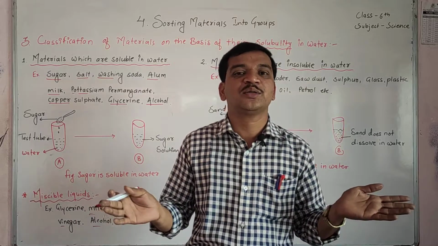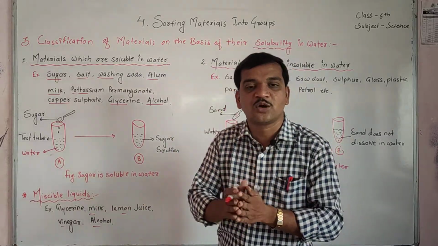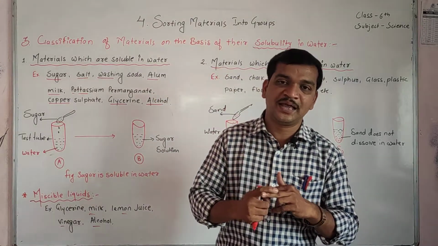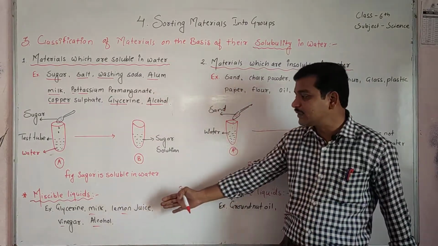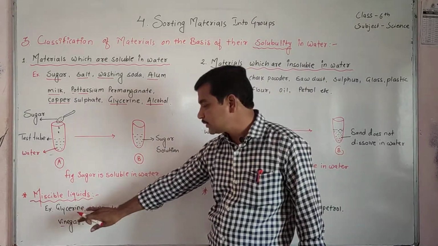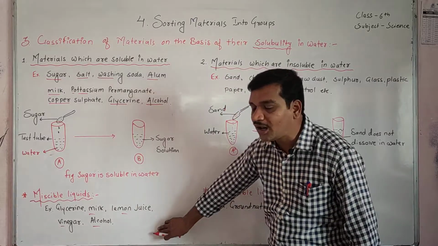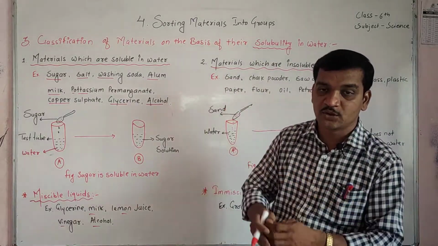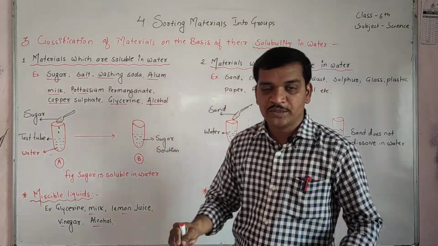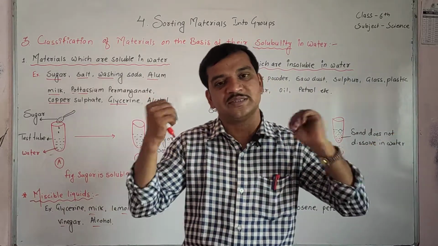Both are liquids. Other examples which mix in water: glycerin, milk, lemon juice, vinegar, alcohol. If two liquids are soluble in each other, they are called miscible liquids.